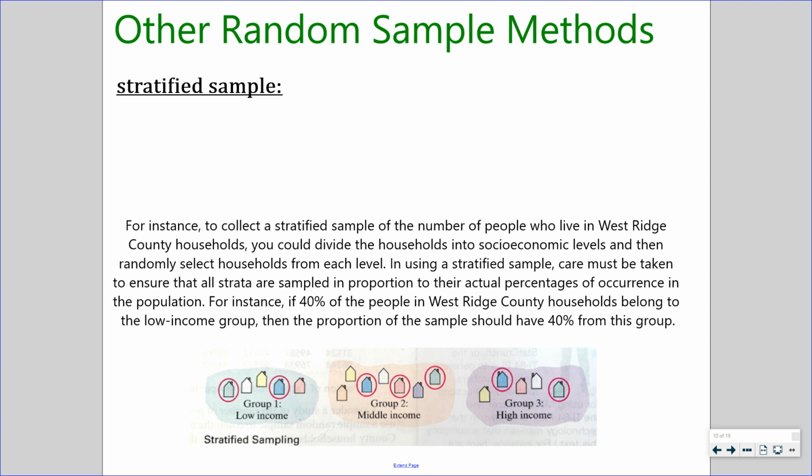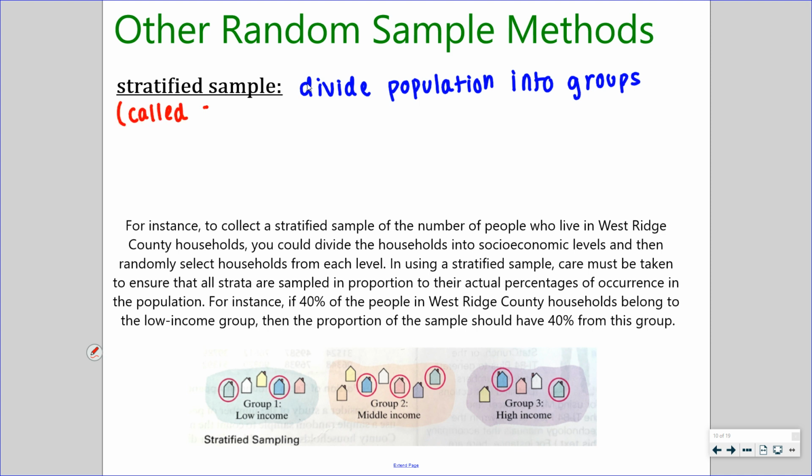First one, a stratified sample. To use this method, you divide your population into groups, and we call the groups strata. That's why this is called a stratified sample.